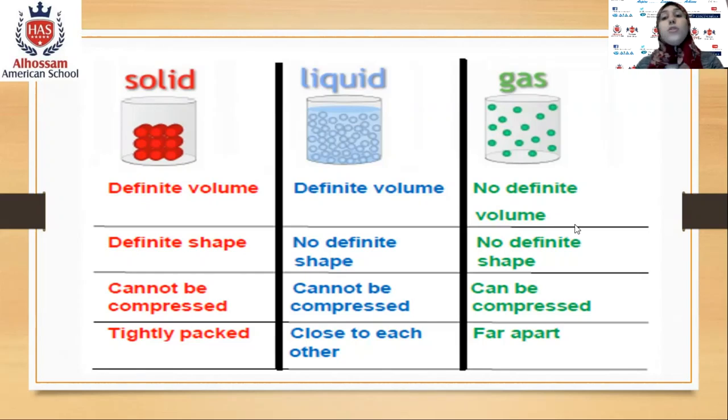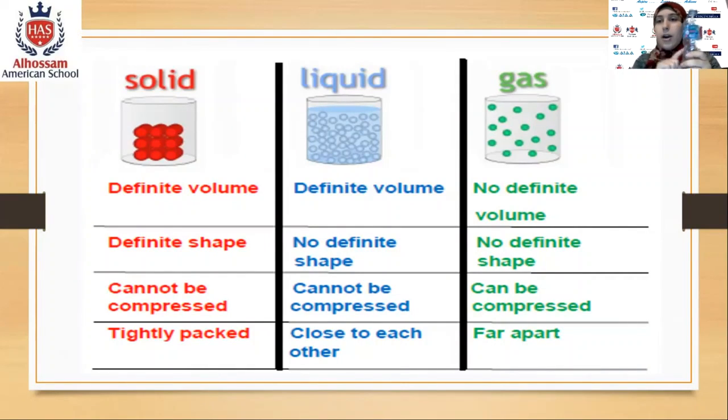They have no definite volume and no definite shape. Okay, the volume is not fixed, the volume is not definite. Also, the shape is not fixed, the shape is not definite. Okay, they can be compressed if you have a balloon, or if this bottle of water is empty. For example, here is gas, right?